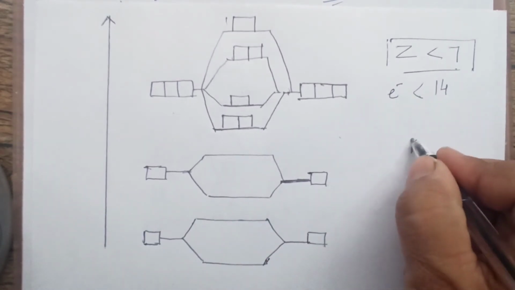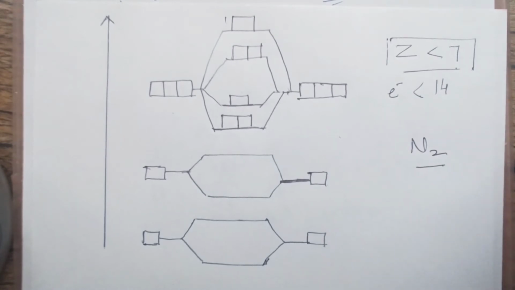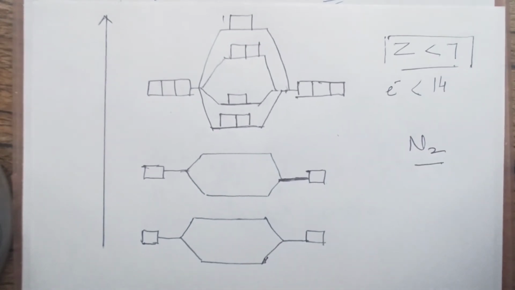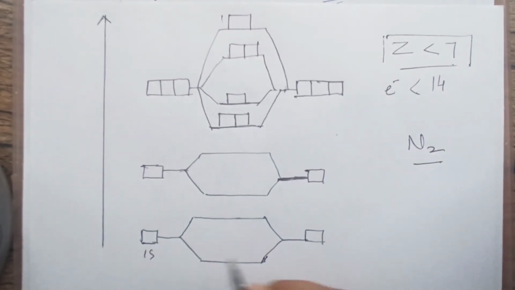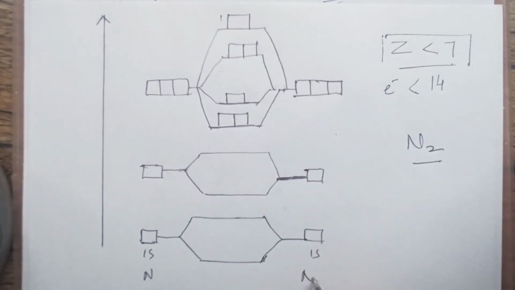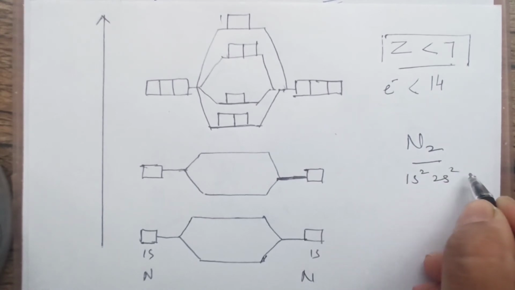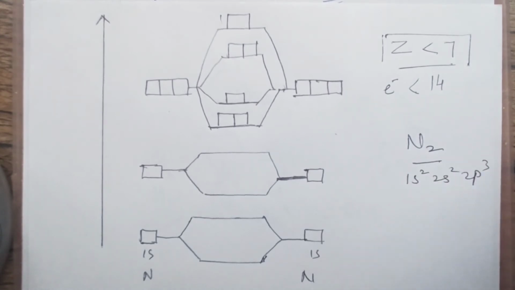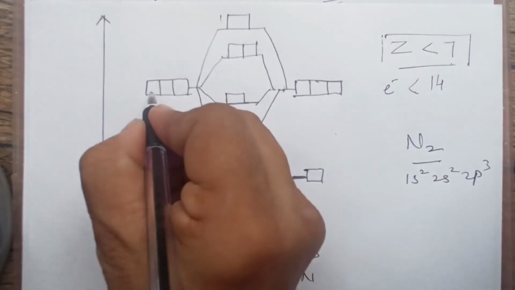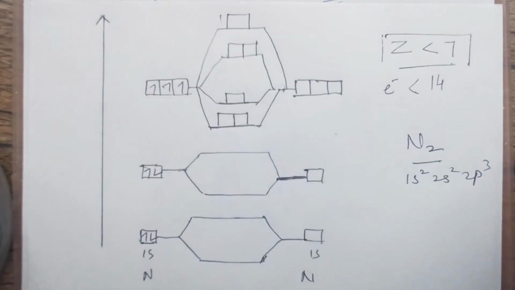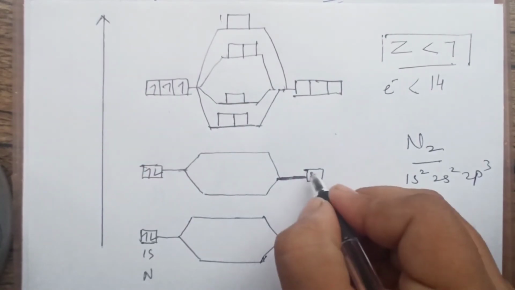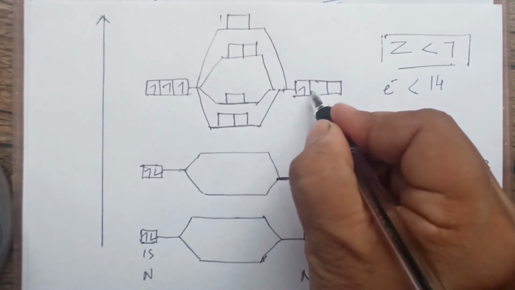This is basically, children, I'm drawing for N2 and explaining. So anything less than this also will be the same. 1s, this is nitrogen. You know the configuration for the nitrogen atom? Nitrogen is 1s2, 2s2, 2p3. Right, so we will draw here 2 electrons and 3 electrons here. This is the nitrogen atom's configuration, right? This is 1s2, 2s2, 2p3.